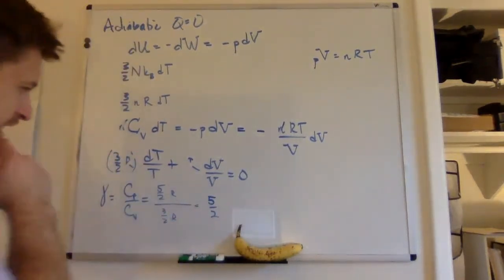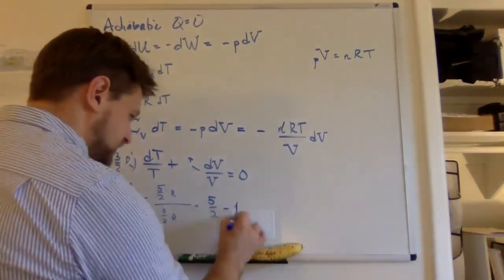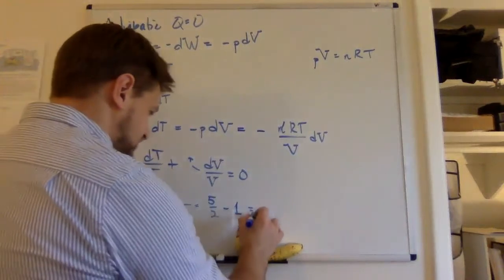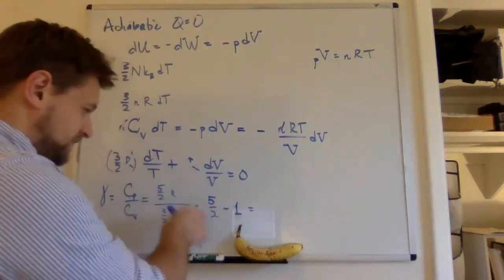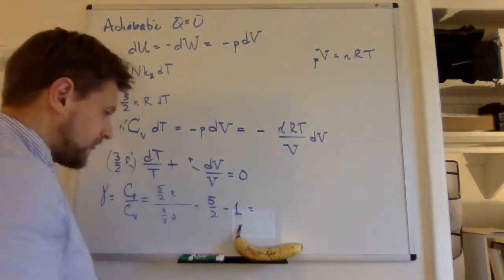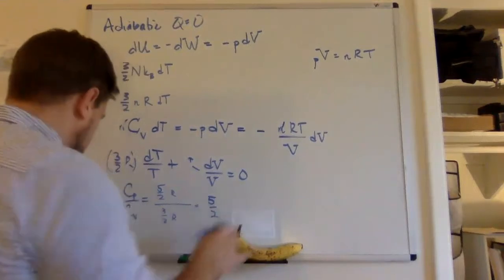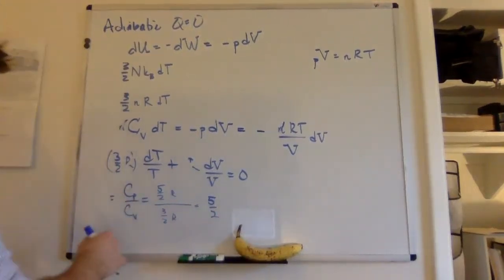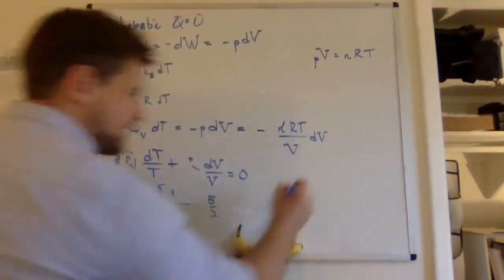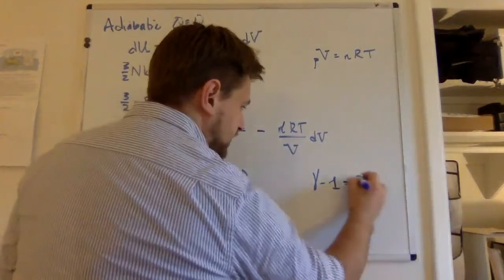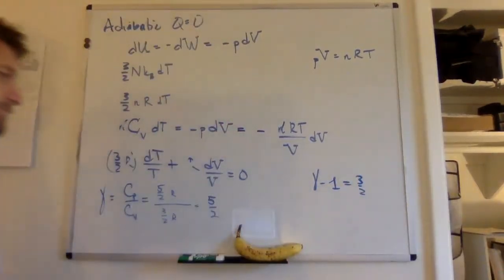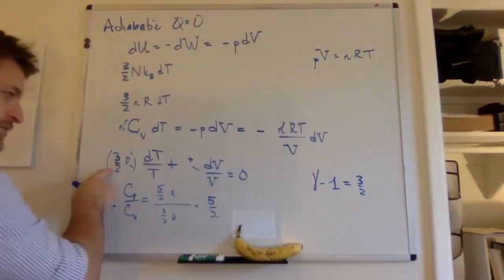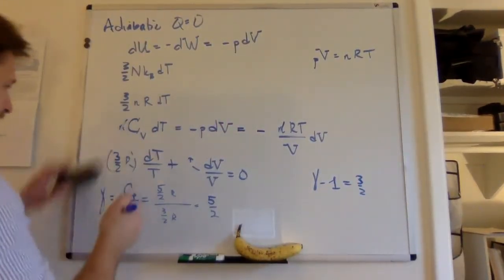If we subtract 1, gamma is 5 over 2, but if we subtract 1 from both sides, gamma minus 1 is 3 over 2. So this 3 over 2, that's gamma minus 1.